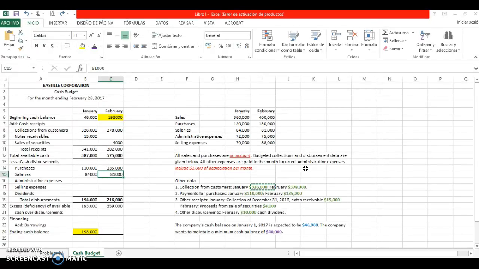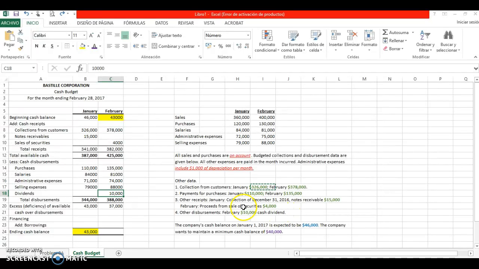So we're going to subtract $1,000 from the amounts that we're given here, and instead, we're going to put $71,000 for January and $74,000 for February. Selling expenses just include the information, $79,000 and $88,000 for February. We're also told in number 4 that there are other disbursements, cash dividends for February for $10,000.